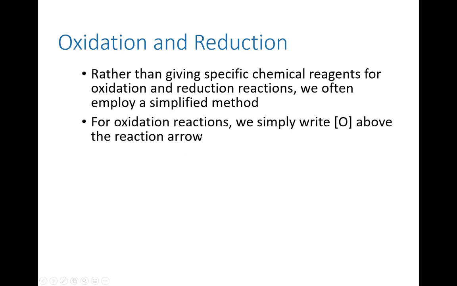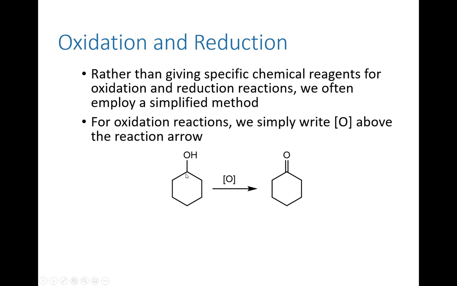For an oxidation reaction, it's usually just easier to write the letter O in square brackets above the reaction arrow. And so here we have a what? What kind of a compound is this? It's an alcohol. What kind of an alcohol? Well, this carbon is bonded to 2 carbons. So it's a secondary alcohol.